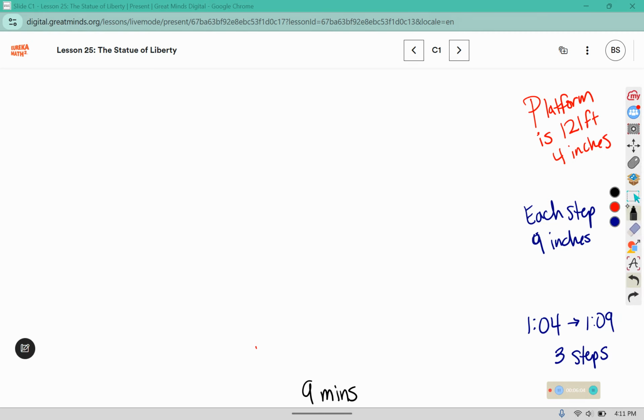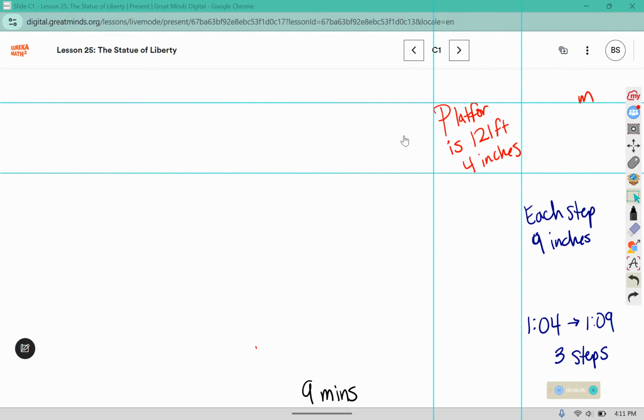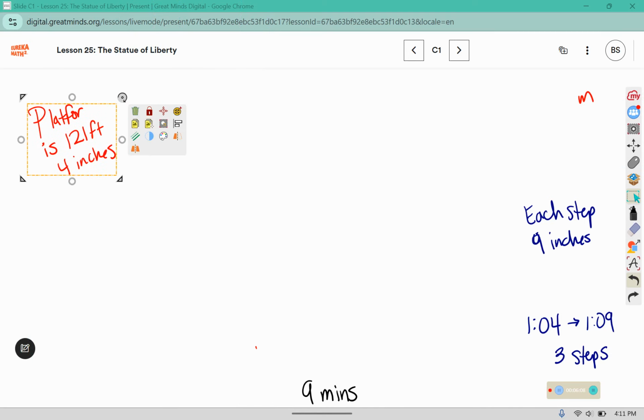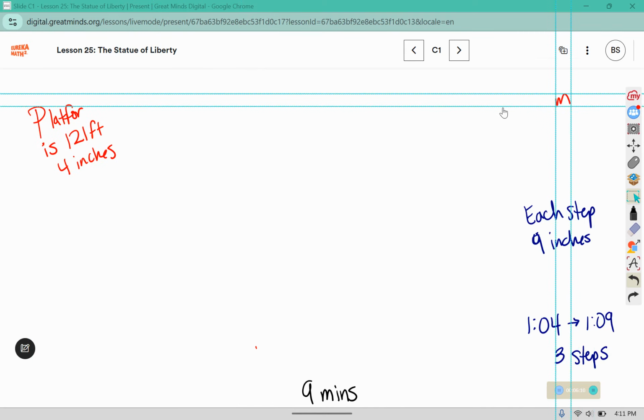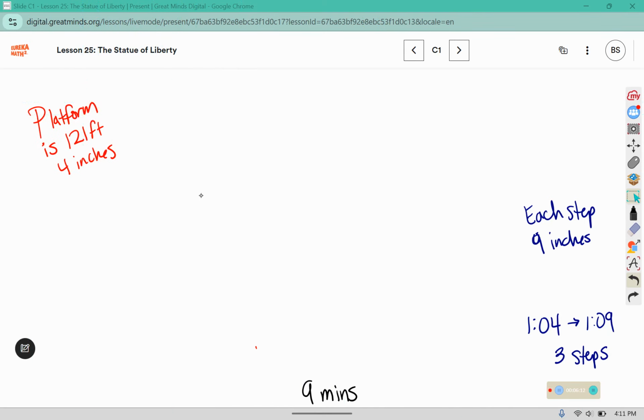I'm going to start by changing the platform into inches, since I have feet and inches. 121 times 12 will turn the feet into inches, which is 1,452 inches, plus the 4 inches for a total of 1,456 inches.